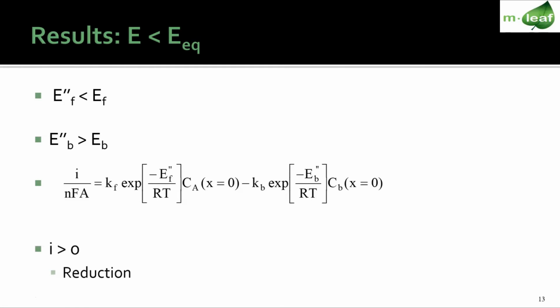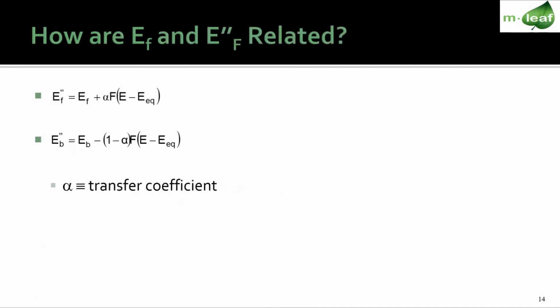And one of the things that we are able to do in an electrochemical cell is to be very, very quantitative about how the activation energies are related to this shift in potential at each one of these electrodes, which is very helpful and very convenient.